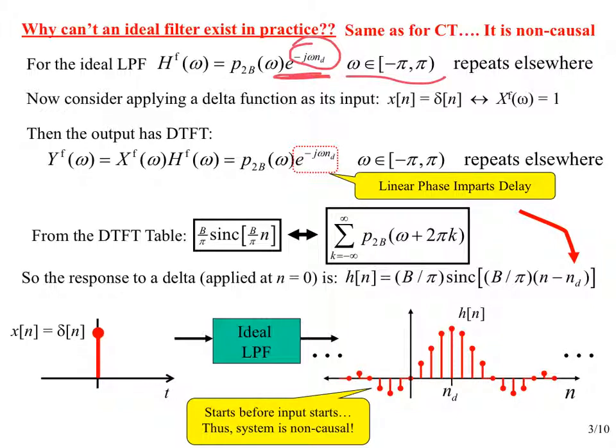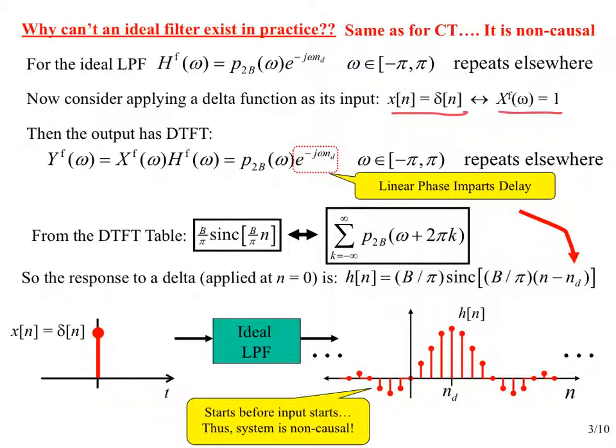Now, just to explore what this thing looks like and to see definitively why we can't really have such a filter in practice, let's look at what happens when we put a delta function in. In other words, we're trying to find the impulse response of this filter. We let x be the delta function, and according to our DTFT theory, the delta function transforms into a function that's equal to 1 at all frequencies.